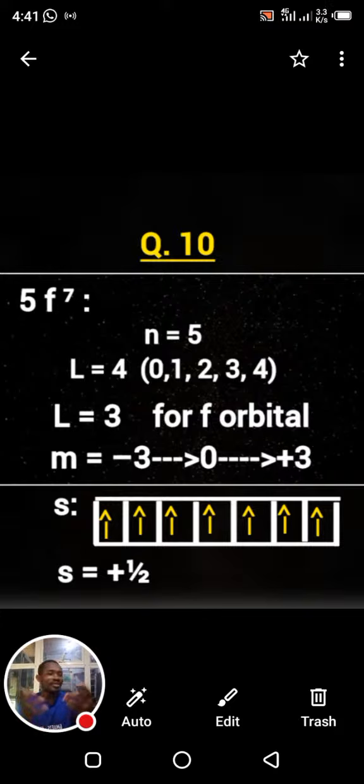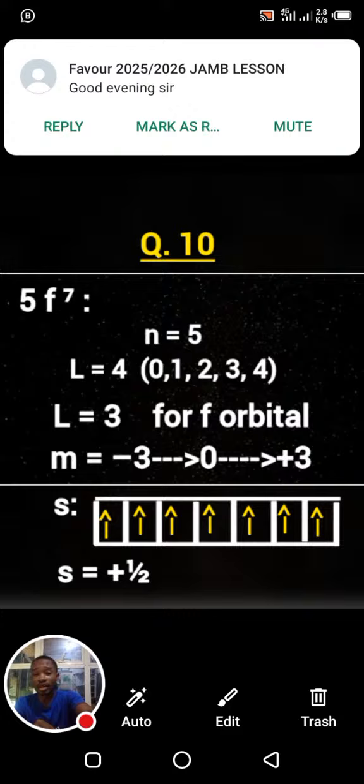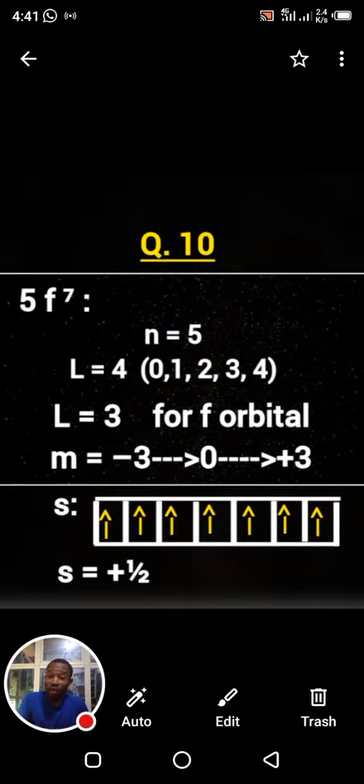But when we get to the last block, you notice that we have gotten the 7 electrons. No electron to distribute anymore because we have 7 electrons there. Therefore, the last electron's direction of spin is upward, which is positive. That is why the correct answer for the spin quantum number is plus half.